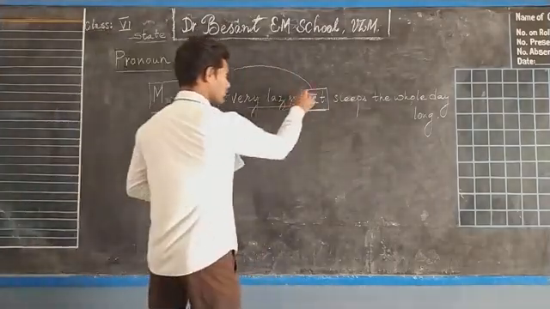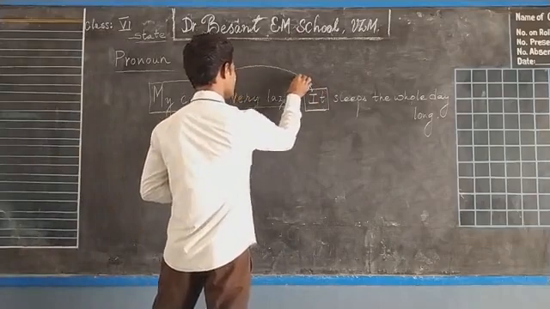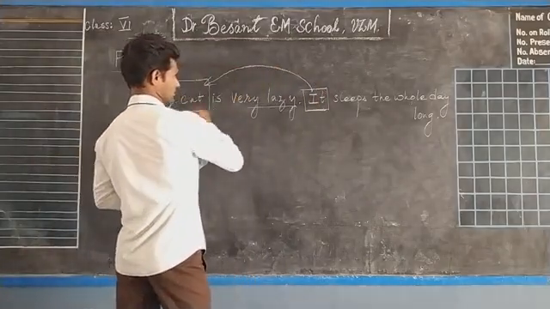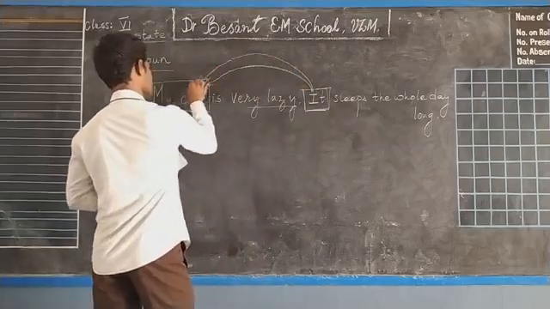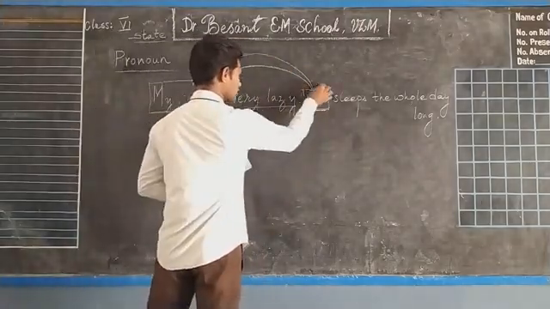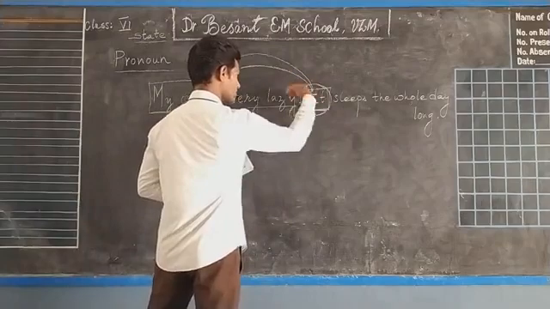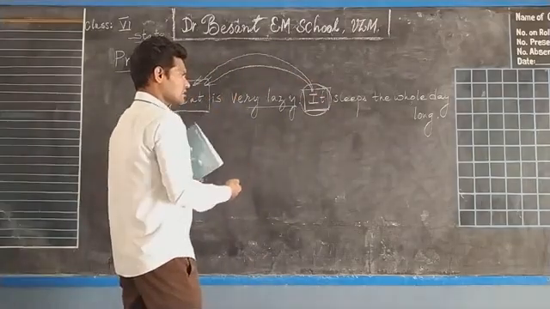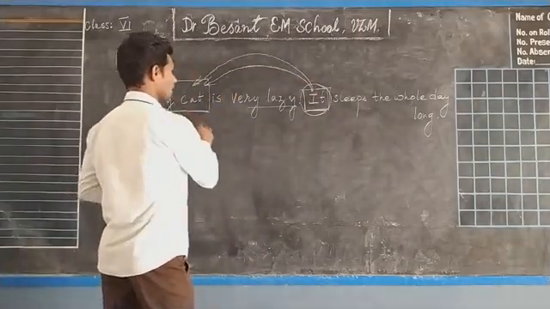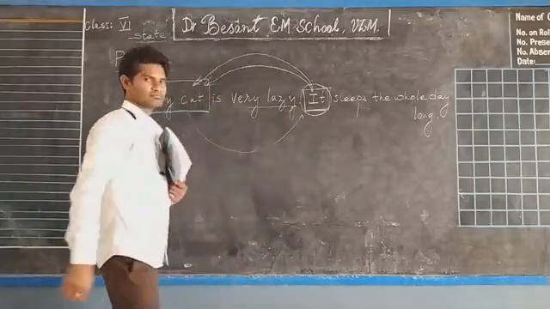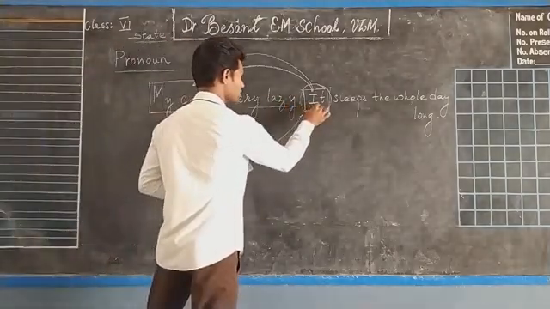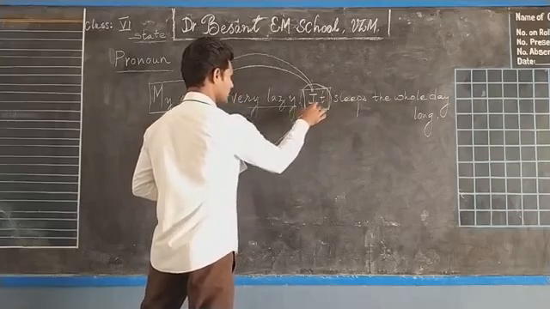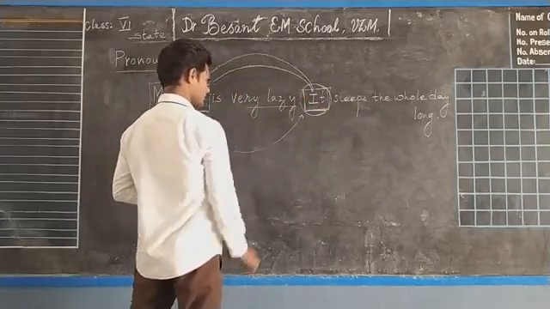So the word it is used in the place of cat, instead of cat, in order to avoid the repetition of the cat.